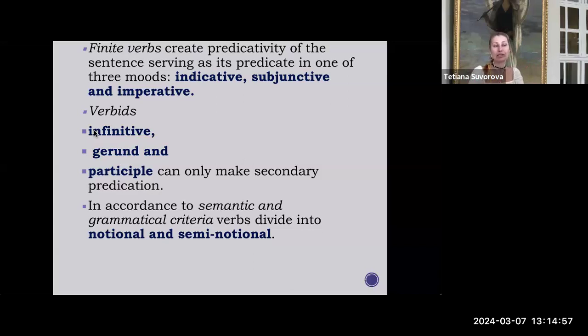But with semi-notional verbs, from the very beginning, when I start speaking to you, I can't say I must and put the full stop. Must what? That is why they require another form of the verb together with them to compose the predication. And of course, they do not require any auxiliaries.